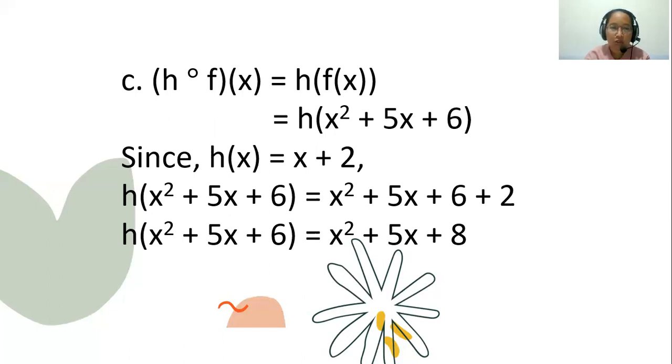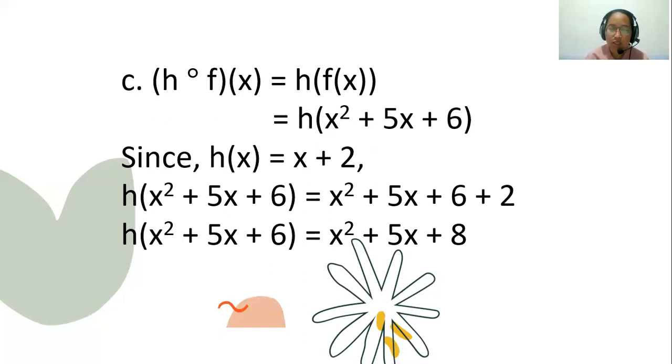Thus, we have h of x squared plus 5x plus 6 is equal to, the first term is x, so replace that by x squared plus 5x plus 6, and the second term is 2. Again, the first three terms, x squared plus 5x plus 6, come from the value of f of x.